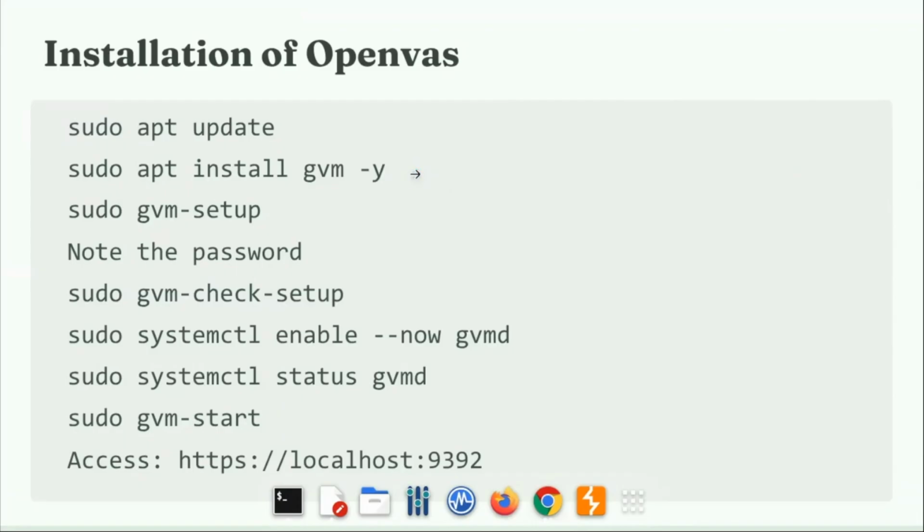As I said earlier, the ZAP tool's name in the terminal is zaproxy, and for Nessus it's nessusd. Likewise, OpenVAS's name in the terminal is GVM, Greenbone Vulnerability Management. That way I installed GVM. The hyphen Y is for approval of the upcoming prompts, so we just give sudo apt install gvm -y.